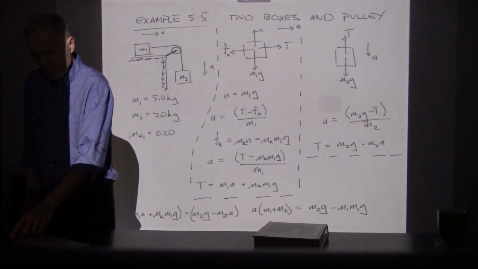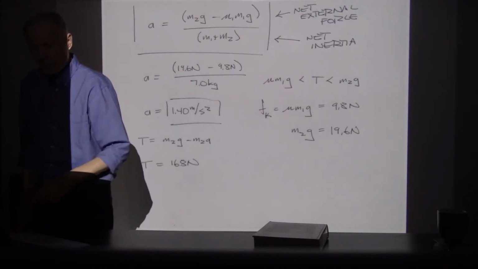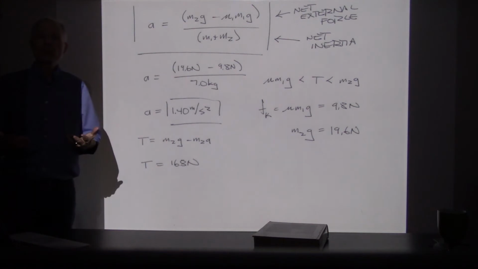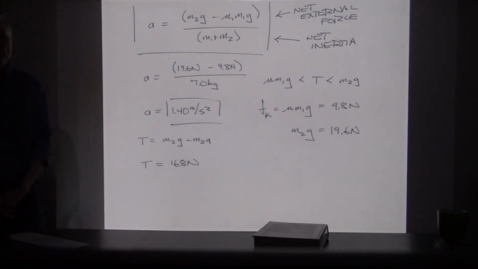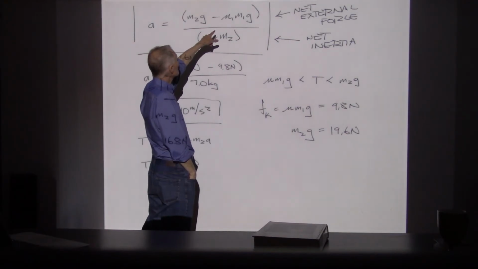Now what we also suggested we could do, and maybe it's not such a big deal at this point, is ask what happens if the surface becomes frictionless? What if we decide to have the surface be frictionless instead of having friction? In that case, we just set the mu's equal to 0.